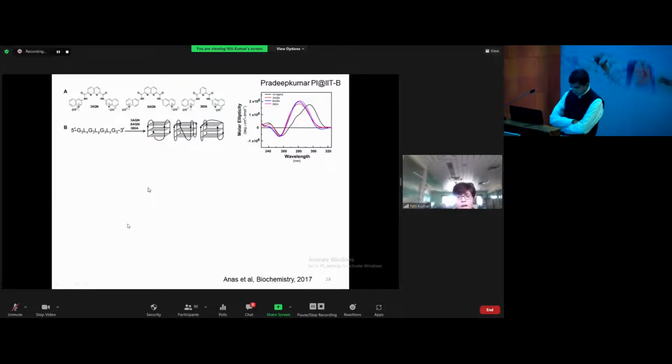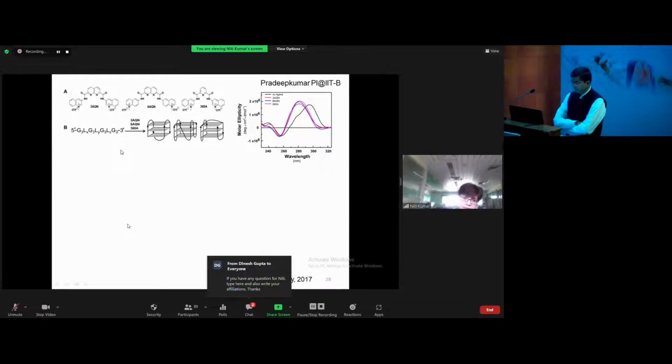So, for proof of concept studies, we used quadruplex-interacting ligands. We got these compounds from Pradeep's lab at IIT Bombay, and we checked them on parasite telomeric DNA. We found that the telomeric DNA of the parasite can form quadruplex, and in the presence of these compounds, there is a conformational change in these structures.